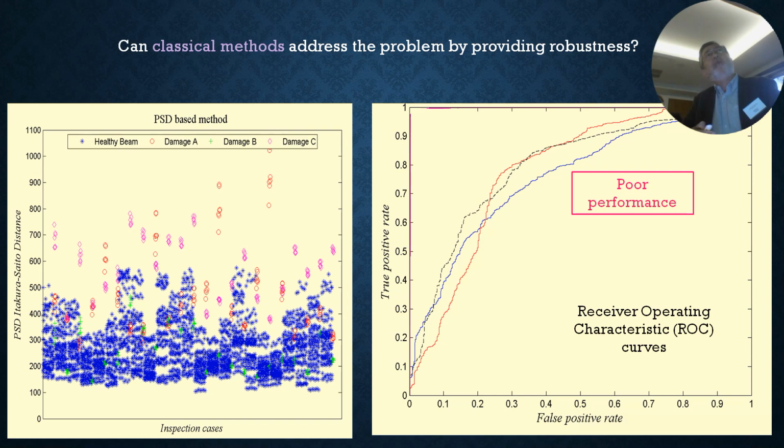So ideally we would like to have a curve that looks like a step, but we're not there. If you apply different techniques, as I show here, on this kind of problem, what you get is a performance that is not good at all because of the uncertainty. So the question is how to handle this.